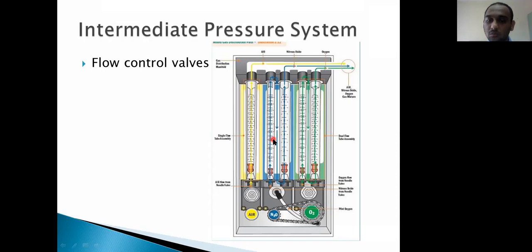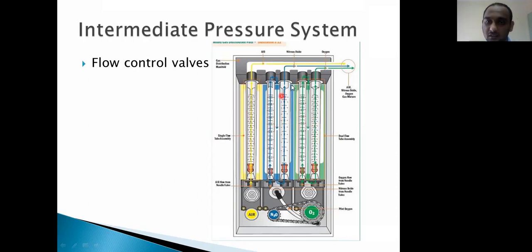So suppose you want to give 0.3 liter per minute nitrous, you can provide it here, which is difficult to assess in a single flow tube assembly, and easier to do in a dual flow tube assembly. For oxygen and nitrous, since we want to provide a precise amount of gases, dual flow tube assembly is preferred.